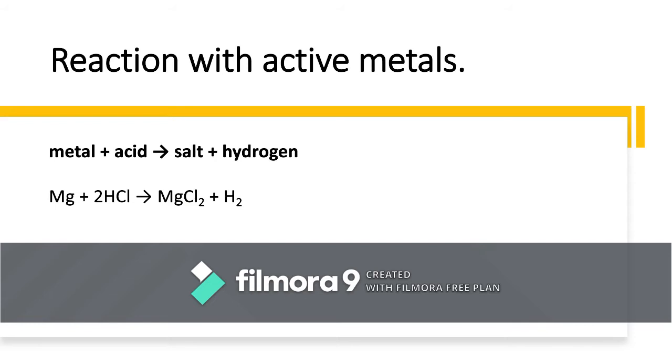So, the equation is Mg plus 2HCl gives you MgCl2 plus H2. Suppose you use iron with dilute sulfuric acid, you get ferrous sulfate plus hydrogen gas.